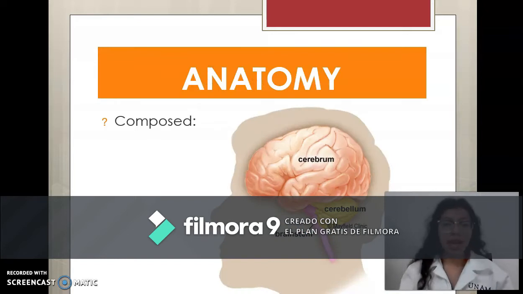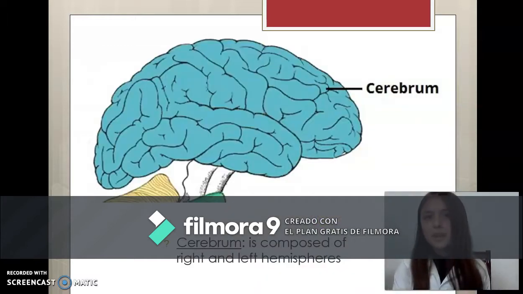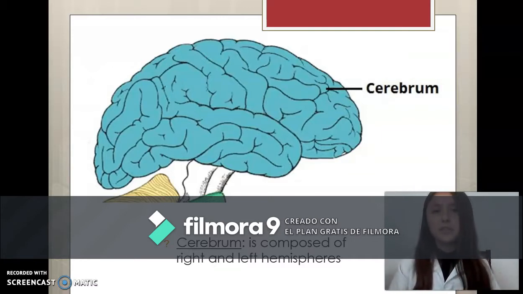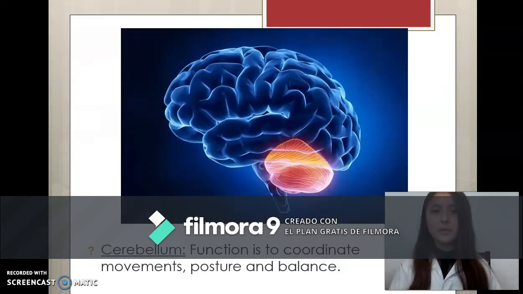Now, the anatomy of the brain is composed of cerebrum, cerebellum, and brainstem. Cerebrum is the largest part of the brain and is composed of the right and left hemispheres. It performs higher functions like interpreting touch, vision, and hearing. The other is cerebellum.